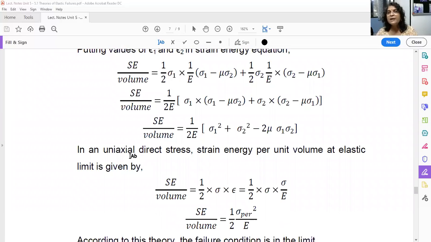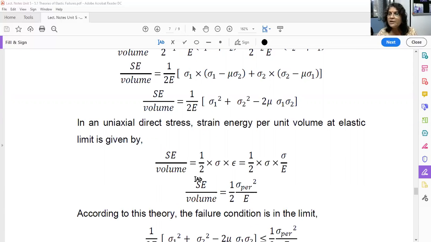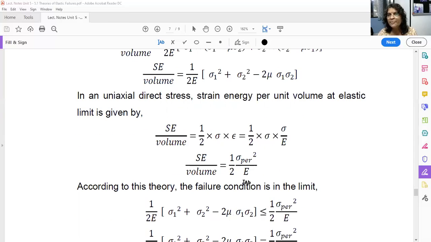Now, how to determine strain energy in a uniaxial direct stress, that is, in a simple tension test? The formula will be the same. Strain energy per volume is equal to 1/2 stress into strain. Replace the strain: epsilon is equal to sigma upon E. So you are familiar with this formula: strain energy per volume is equal to 1/2 sigma permissible square by E. Only this sigma I am now calling sigma permissible.